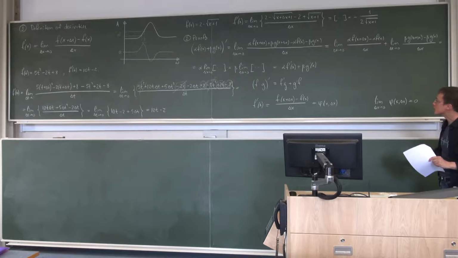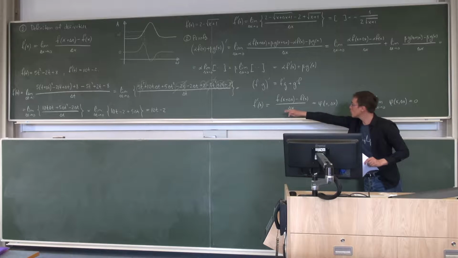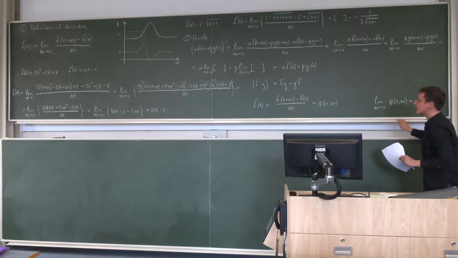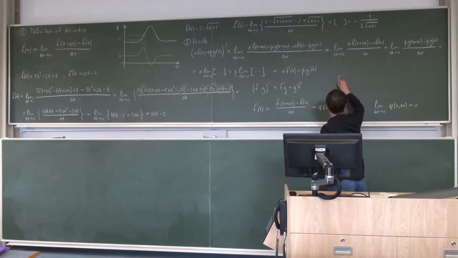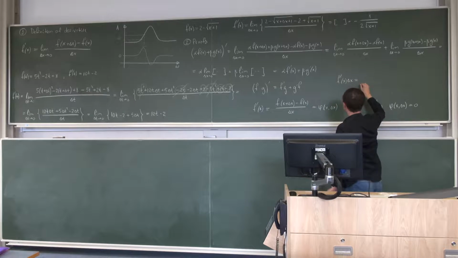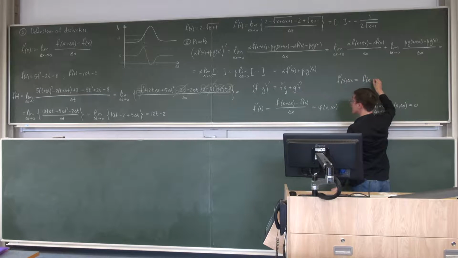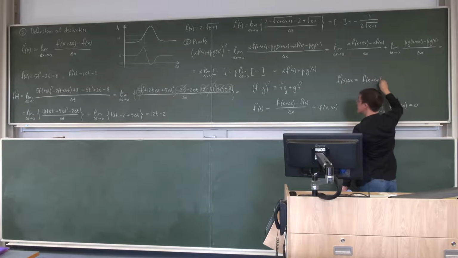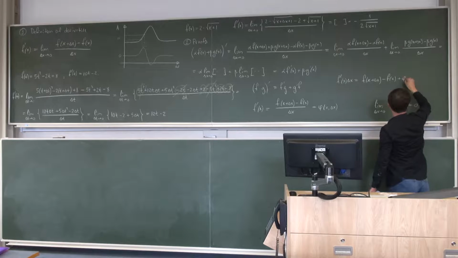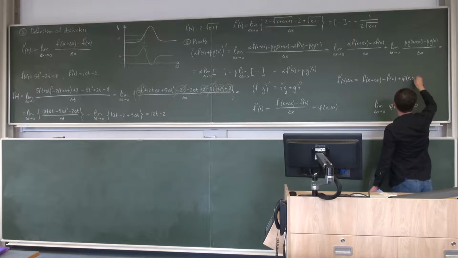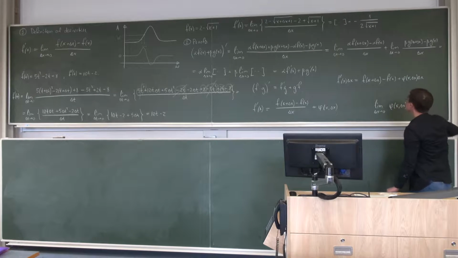Let us also now multiply both sides of this by delta x. So now delta x appears there, so f prime of x times delta x would be equal to f of x plus delta x minus f of x, plus phi of x, delta x times delta x.